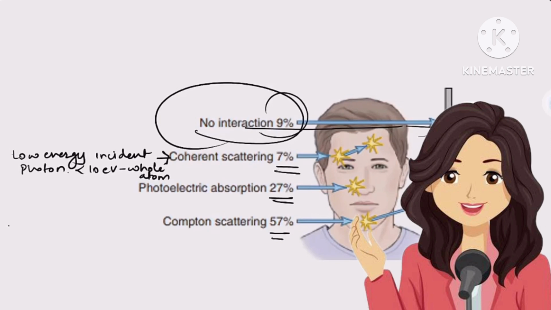This is coherent scattering. Second, the incident photon interacts with an inner shell electron.